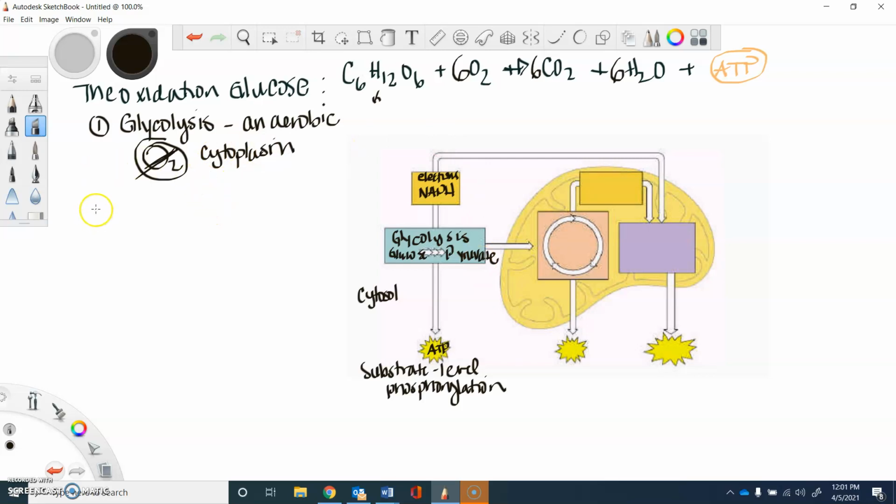The next pathway is called the Krebs cycle. The Krebs cycle occurs in the mitochondria.